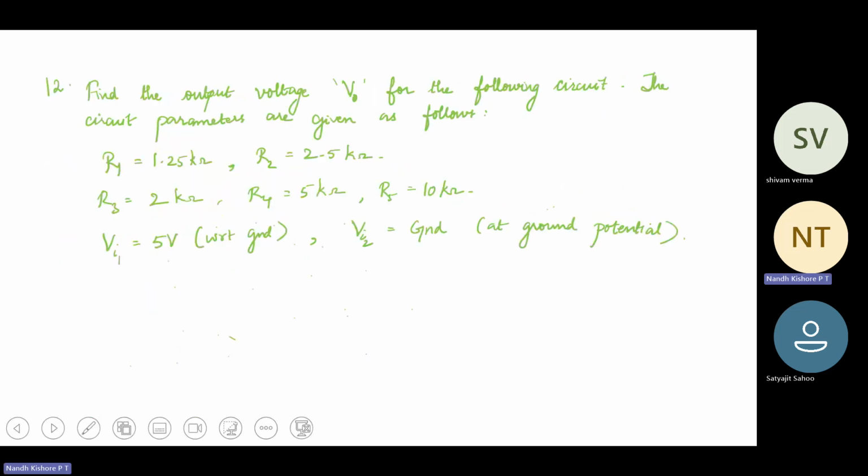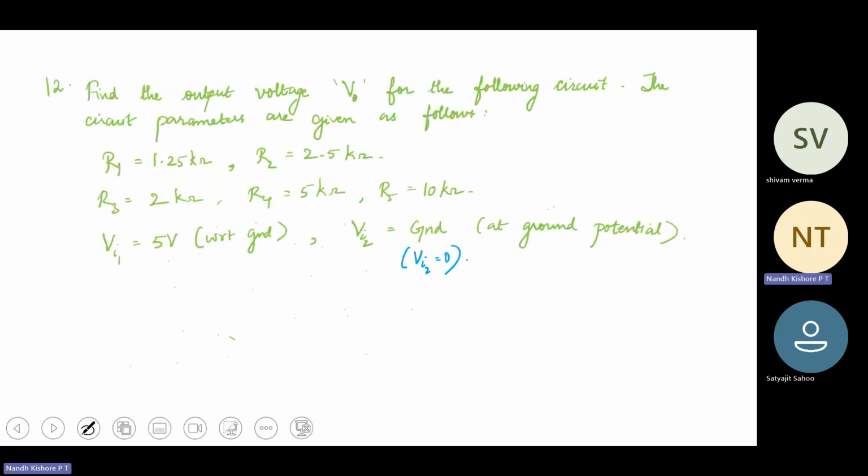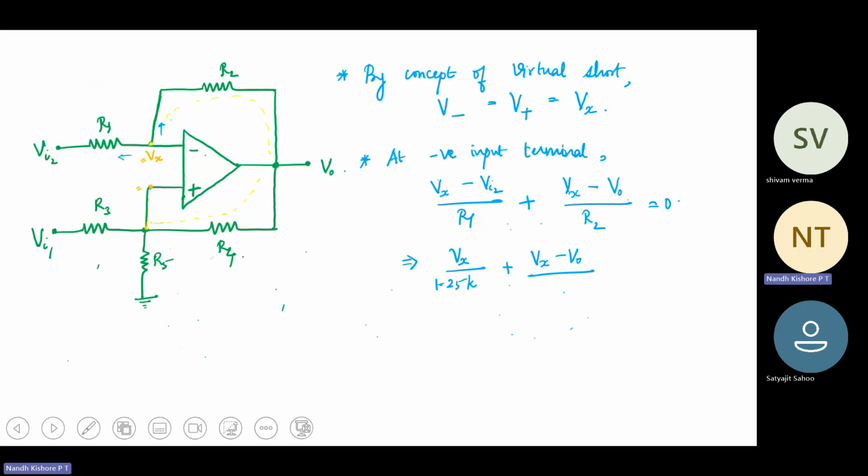Okay. So in the question they have given Vi2 is ground, right? Vi2 is ground means Vi2 is 0. Therefore, your Vx divided by R1, which is 1.25K, plus Vx minus V0 divided by your R2, which is 2.5K, equal to 0.